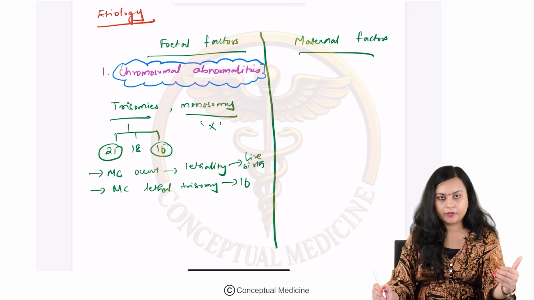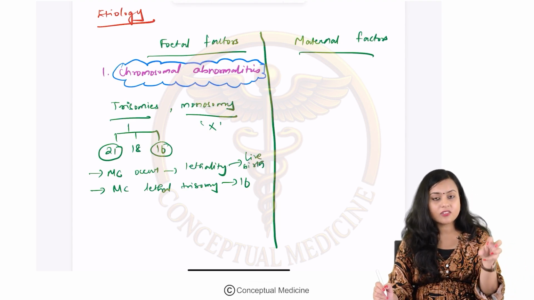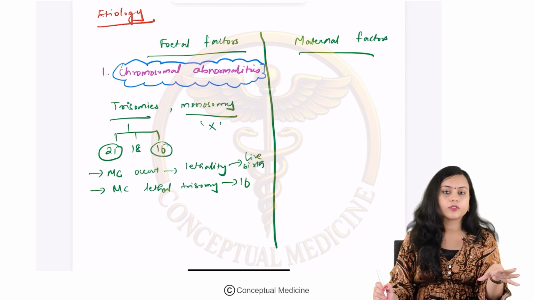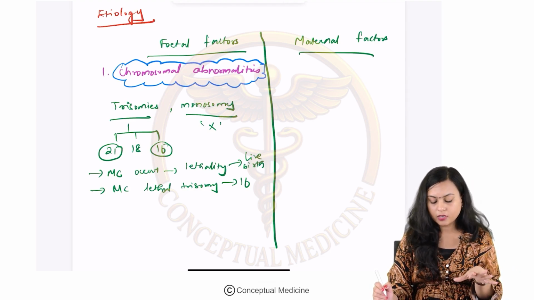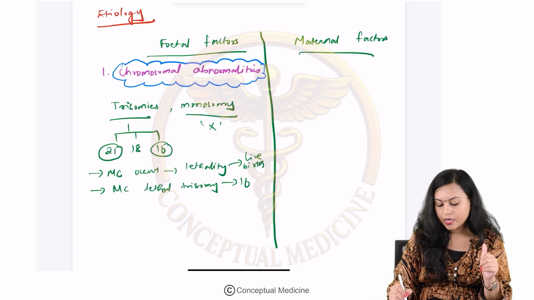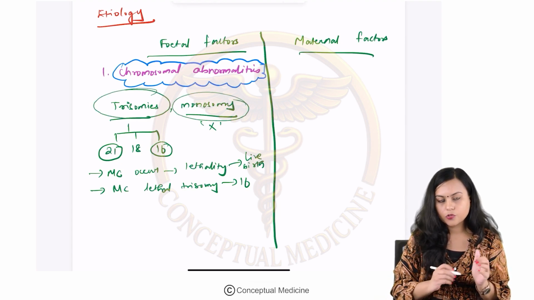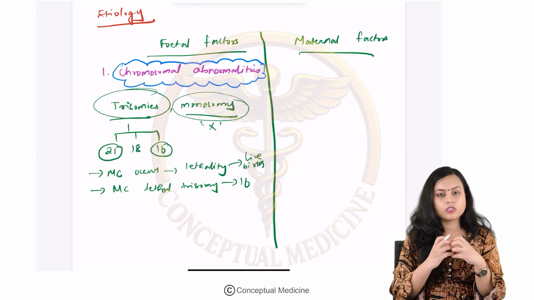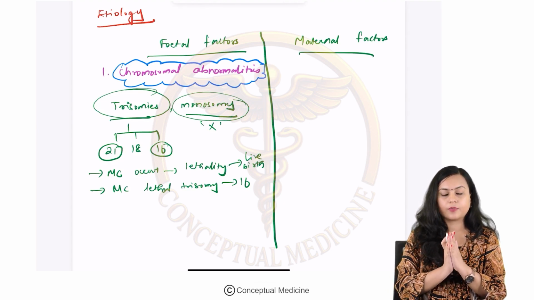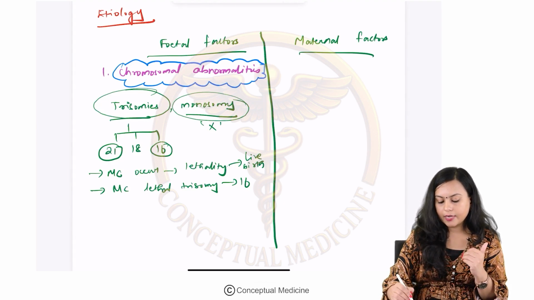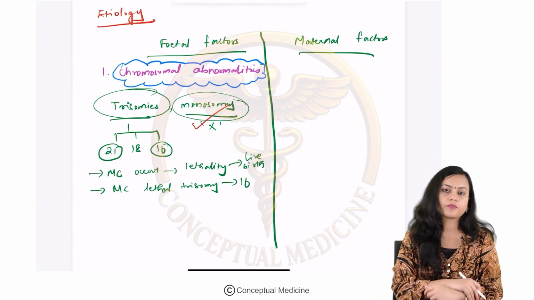Live births can happen. But if there is a trisomy 16, there is definitely going to be lethality or miscarriage. Understood? Also, if you take trisomy and monosomy, the most specific chromosomal abnormality that will be leading to pregnancy loss, that credit goes to monosomy. Clear?